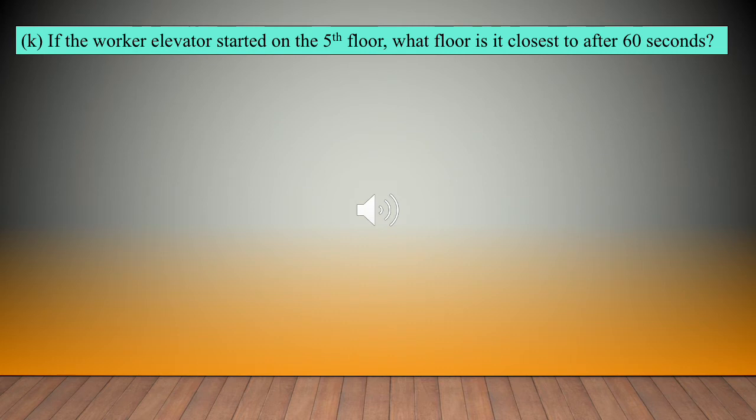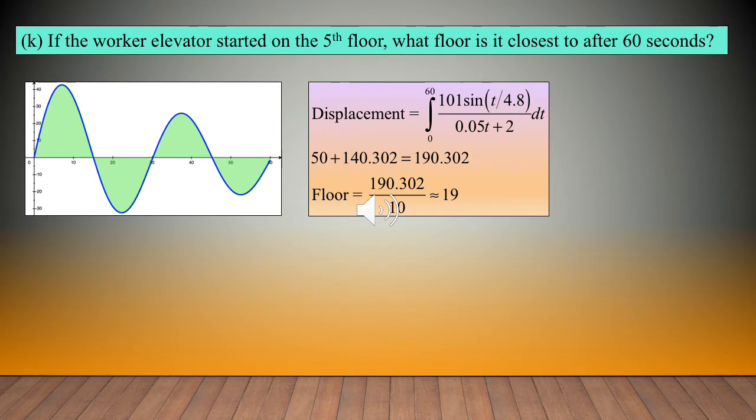Question K asks, if the worker elevator started on the 5th floor, what floor is it closest to after 60 seconds? We are interested in the displacement of the elevator. We show the graph, and the section above the x-axis is when the elevator is going up.